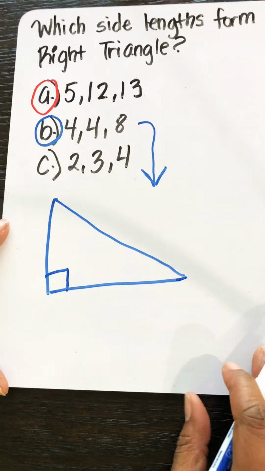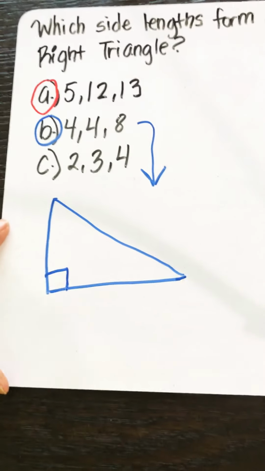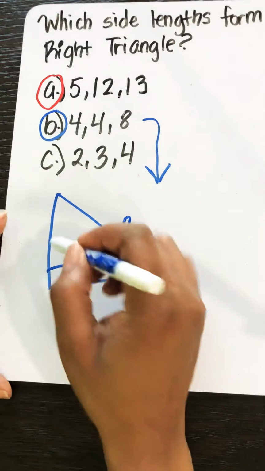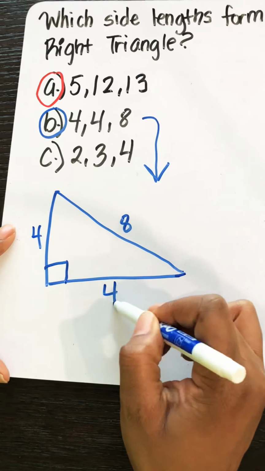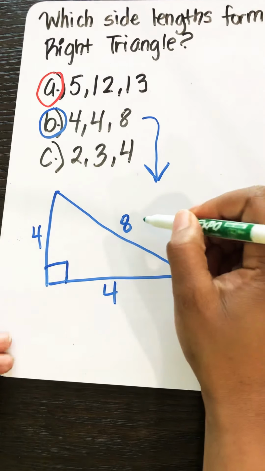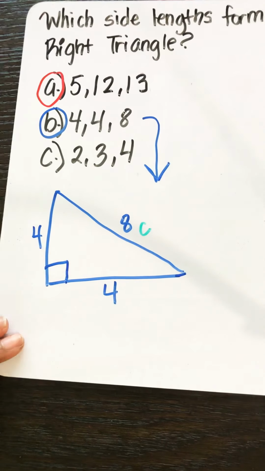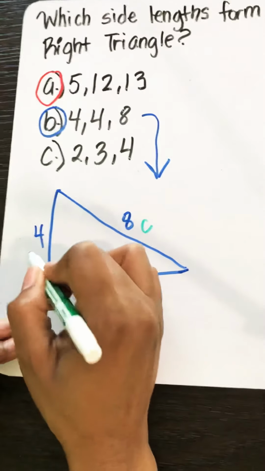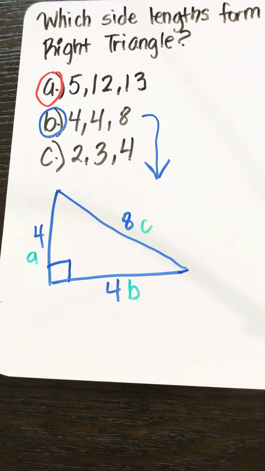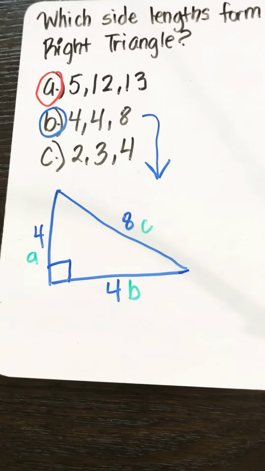We know that our hypotenuse is the longest side, which means our hypotenuse is going to be 8. And then we've got 4 and 4, so it doesn't really matter which ones we label. Again, remember, hypotenuse is C, and then we've got A and B. So we're going to test out the Pythagorean theorem again using these numbers.